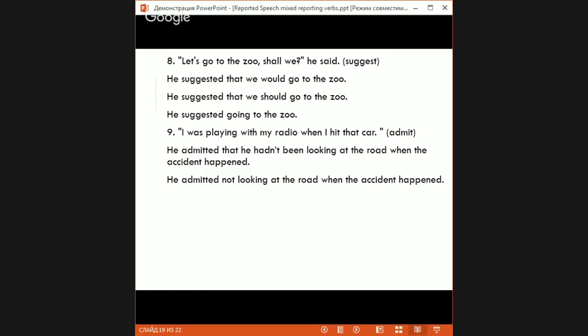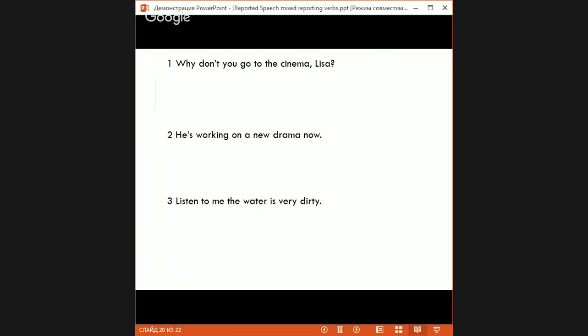Or he admitted not looking at the road when the accident happened. Now, I suggest thinking what to use, what kind of verb can be used here, and what kind of options can be used with such sentences when we need to report them.